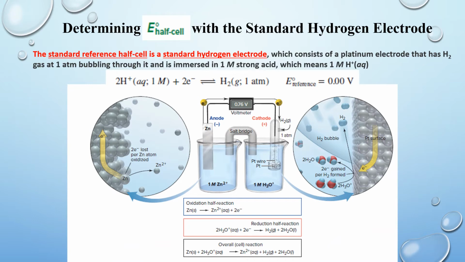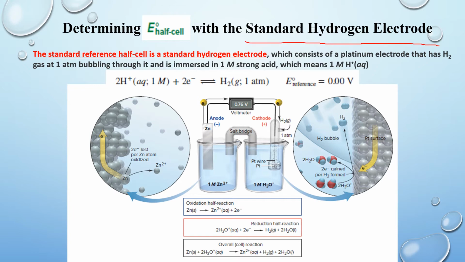You may be wondering, how is this standard half cell potential determined? To determine it, we bridge the half cell of interest with what is called the standard hydrogen electrode.